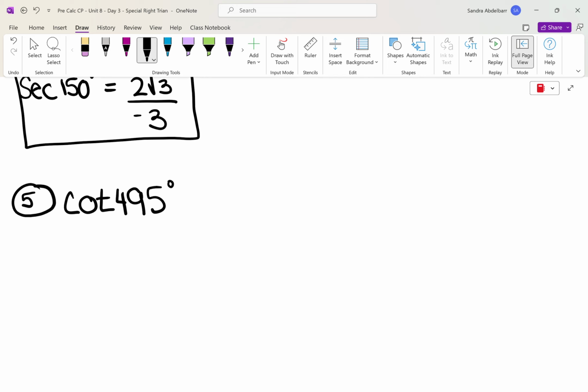Okay, so here I have the cotangent of 495. 495 is way too big. So what I want to do is find the smallest coterminal angle. Remember from the quiz, right? How do we find the smallest coterminal angle? We subtract 360, exactly.